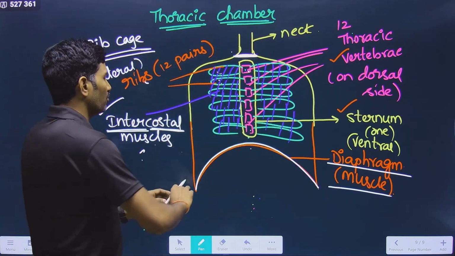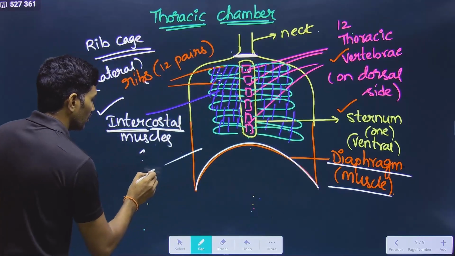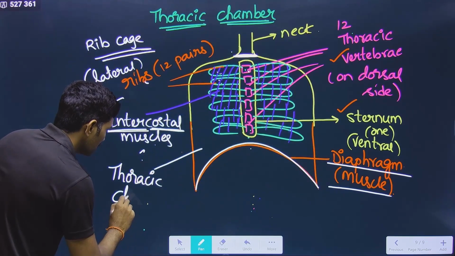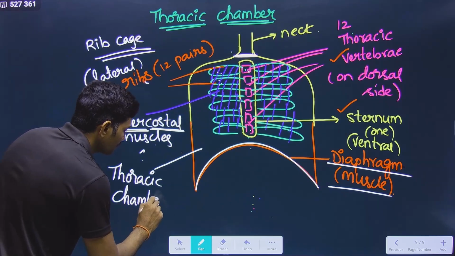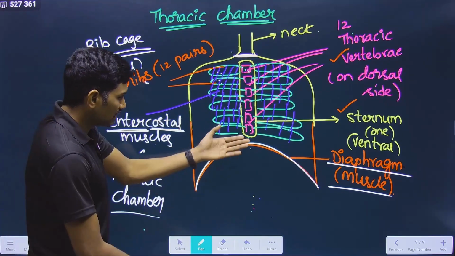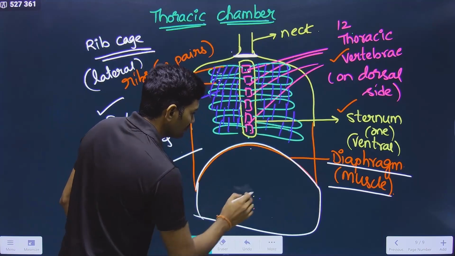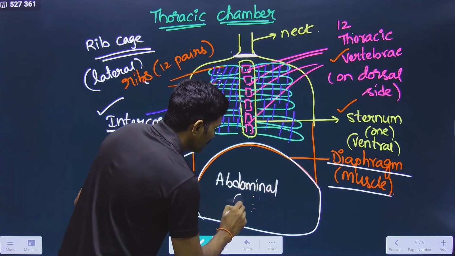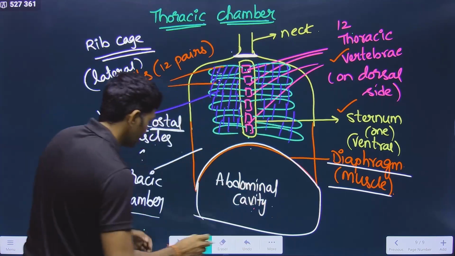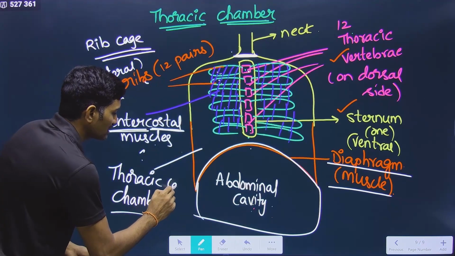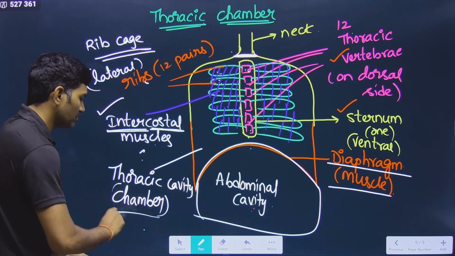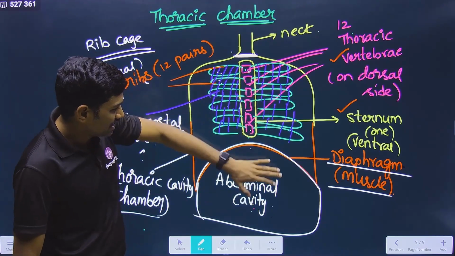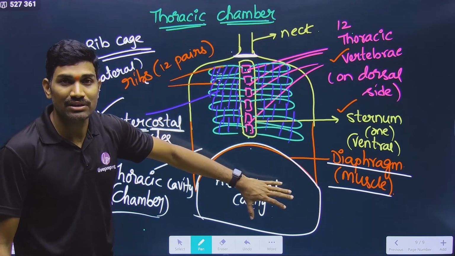So overall, this entire structure is called the thoracic chamber, or thoracic cavity. Below this diaphragm you can observe the abdominal cavity. So the upper side is the thoracic cavity, and the bottom side is the abdominal cavity.